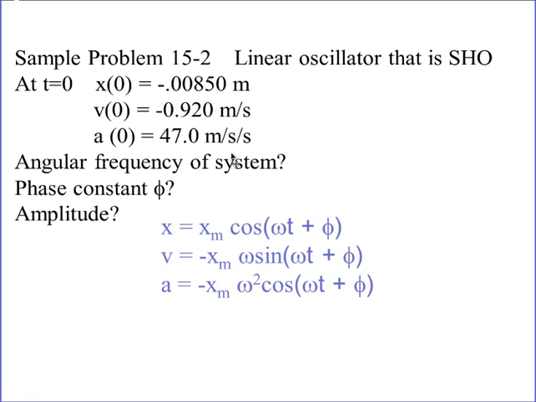So we would put in a 0 for t, and this value for x, and what do we get? Minus 0.0085 is equal to x max, which I don't know, times the cosine of phi.